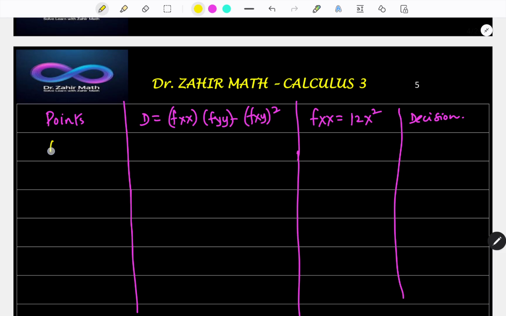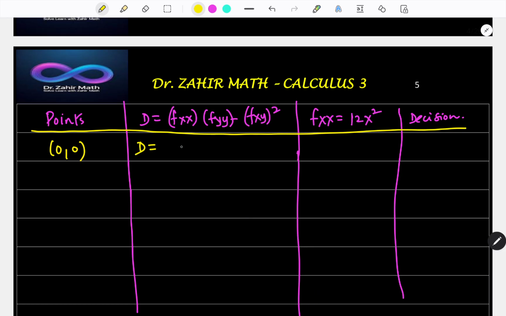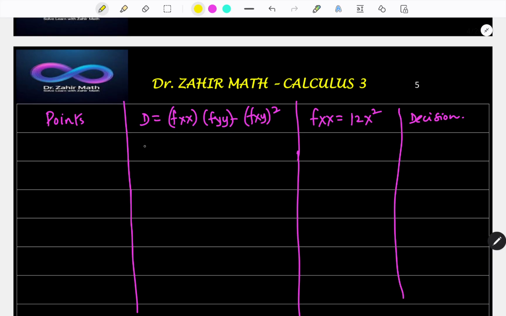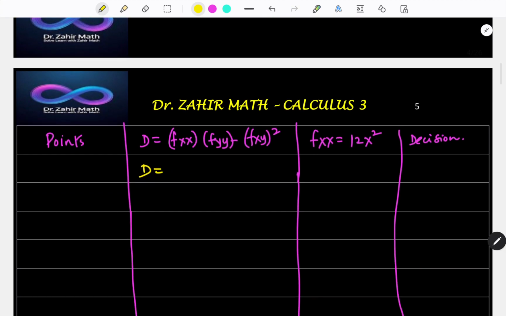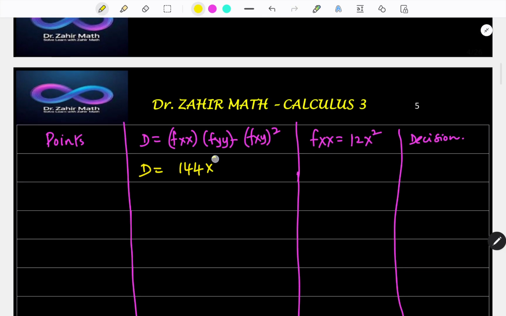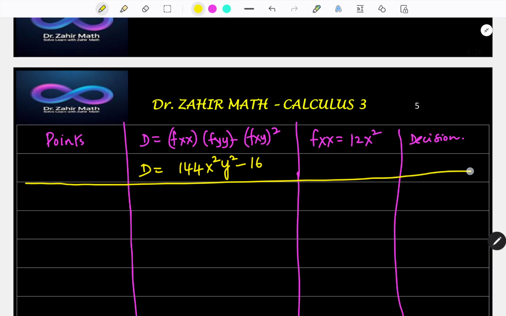So let us take the point (0, 0) and put 0, 0 here. Before that I need to write the equations: D is 144 x square y square minus 16, and fxx is 12x square. Let me create the table now.